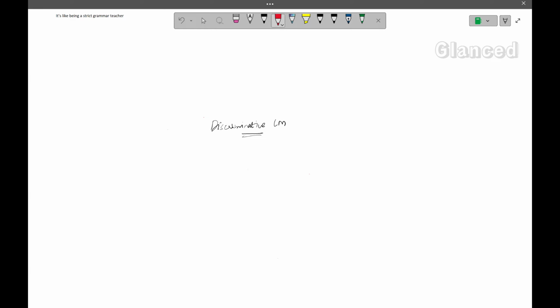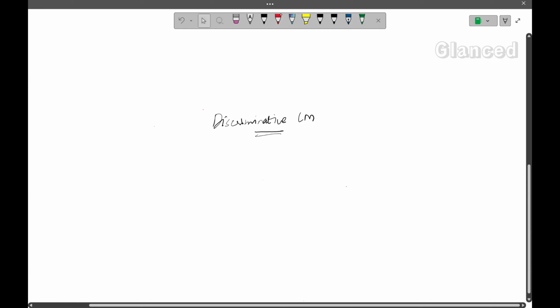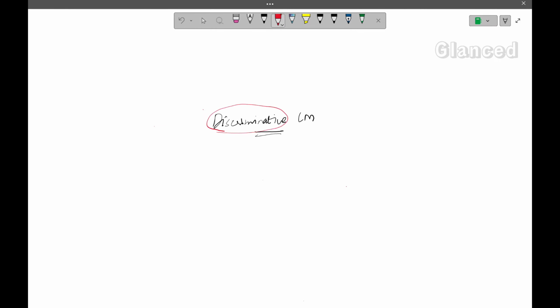Before discussing all the points about discriminative language model, first, you have to know what is meant by discriminative. I think you all may have heard about this word discrimination in your childhood, right? When you take your social studies, you will find this word. So, what is meant by discrimination?